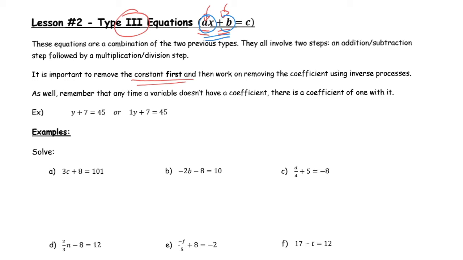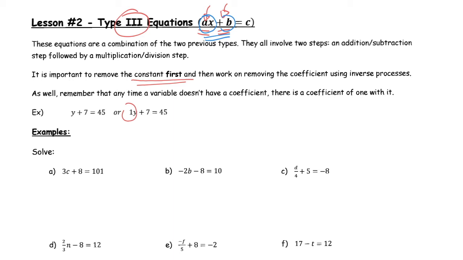Then we've got to get rid of the multiplication or division by, again, doing the inverse operation. In the example that we've given you right here, actually, this is probably not a great example, but remember that anytime a variable doesn't have a coefficient, the coefficient of it is 1. If you don't see it there, it's 1.